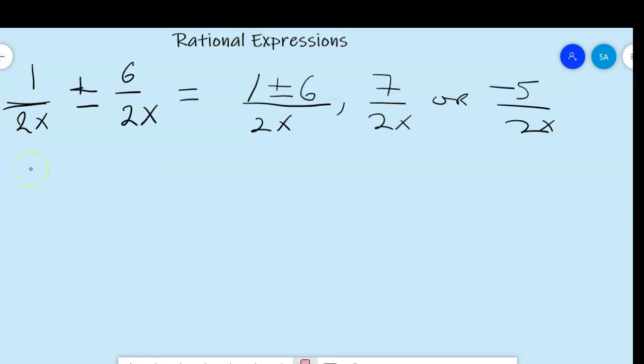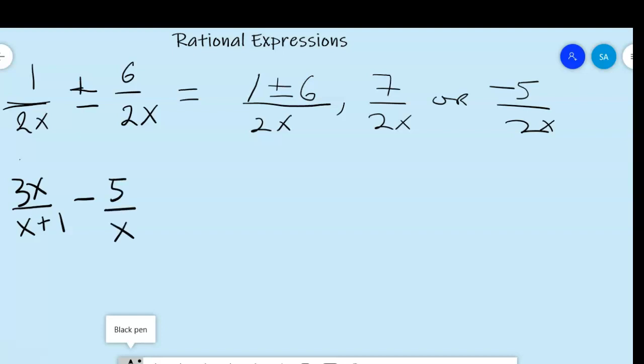Next, we have 3x over x plus 1, all minus 5 divided by x. So what we are going to use is the crisscross.